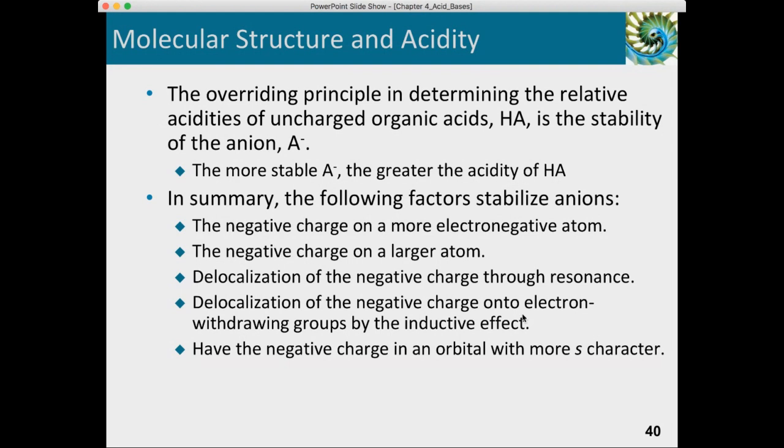The stronger the inductive effect, the more stable the conjugate base will be, and the more acidic the compound will be. And the final factor is having the charge in an orbital with a higher percentage of s character, hybridization.